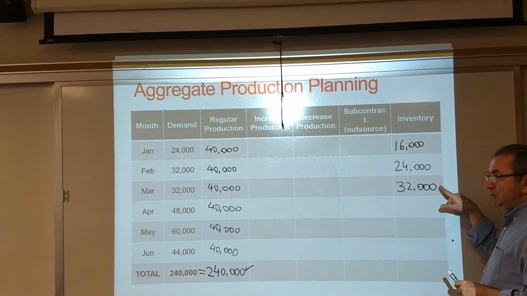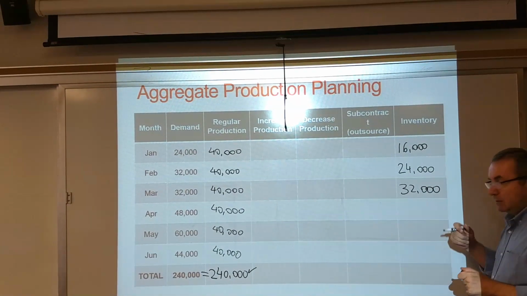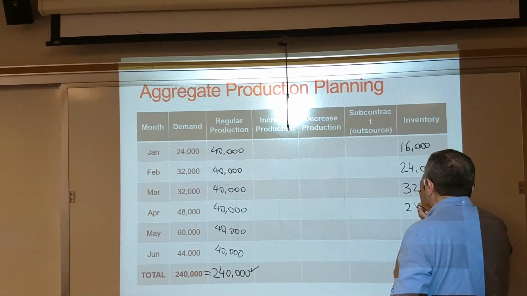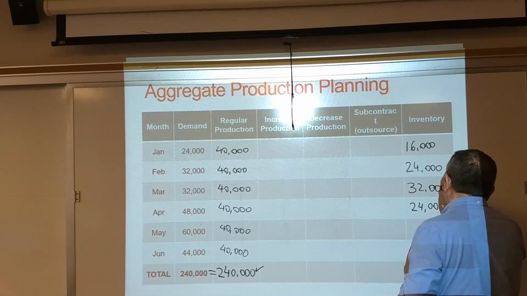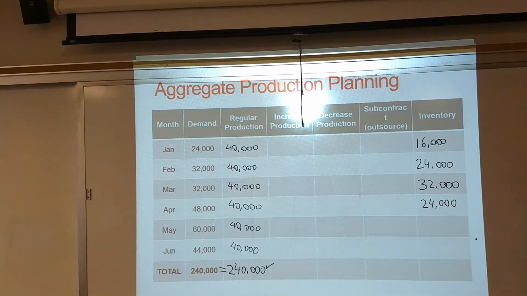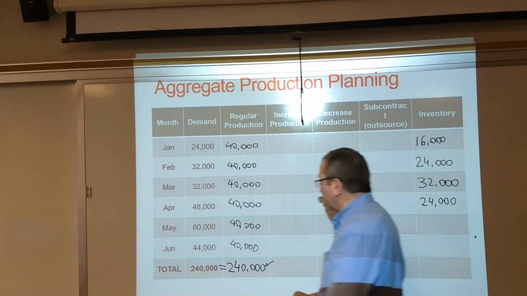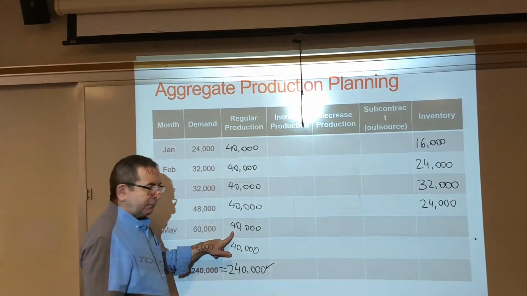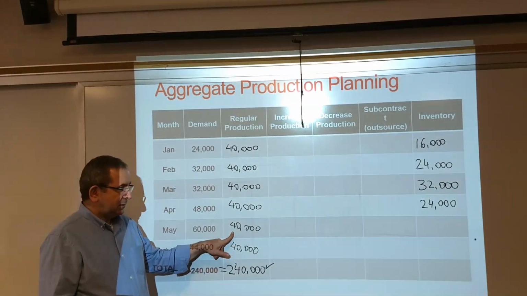Your inventories will decrease by 8,000, so they will drop to 24,000. You begin May with 24,000 items in your warehouse, and then you're going to produce 40,000 items.